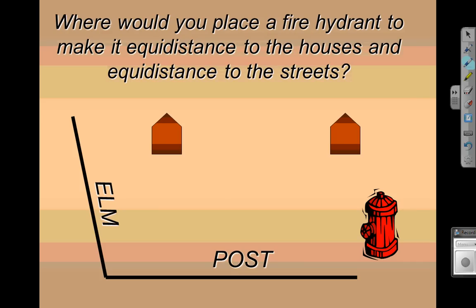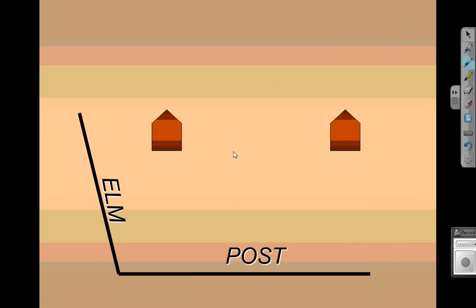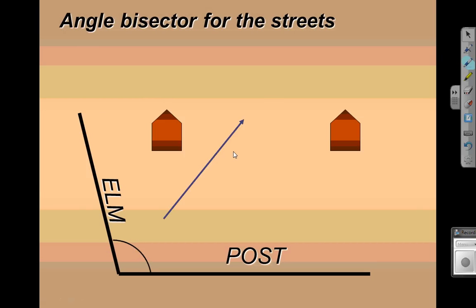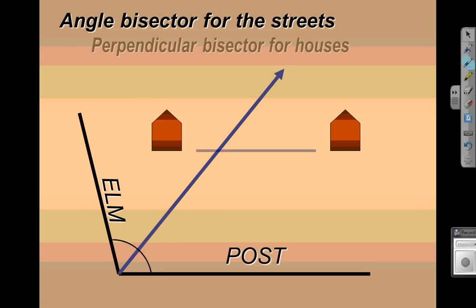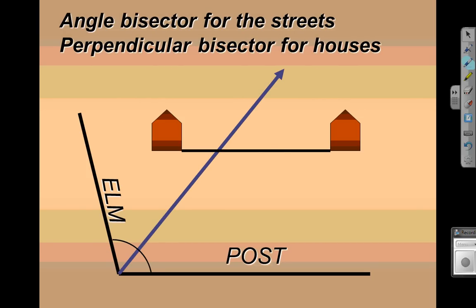Where would you place a fire hydrant to make it equidistant to the houses and equidistant to the streets? Okay, so we're going to set up an angle bisector here, and we're going to set up a perpendicular bisector between the houses. Where those two lines meet is where the fire hydrant will go. Very good.